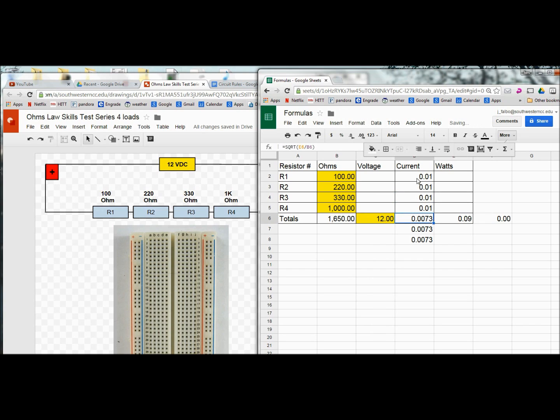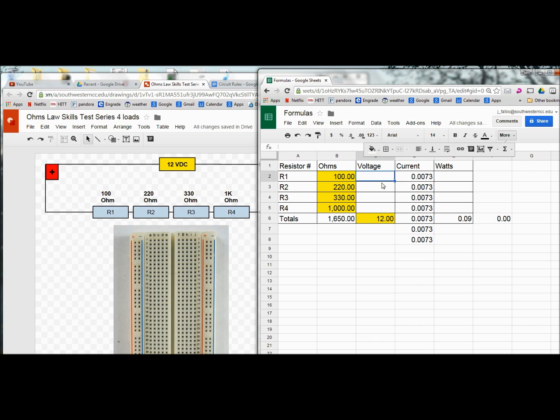And now I'm going to make all the decimal places the same. Okay, now the current's the same. If I were to double my voltage, the current should react and the wattage should react. I'll click undo to put everything back.